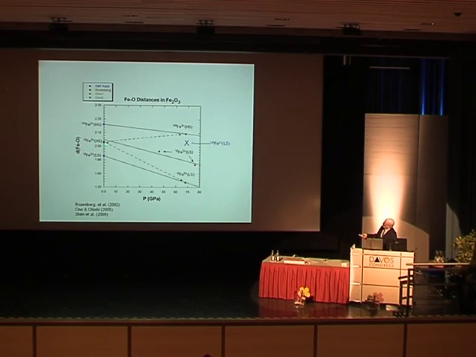The Rosenberg experiments are here, this one and this one. And their conclusion was that this was ferric iron in 6 coordination and low spin.